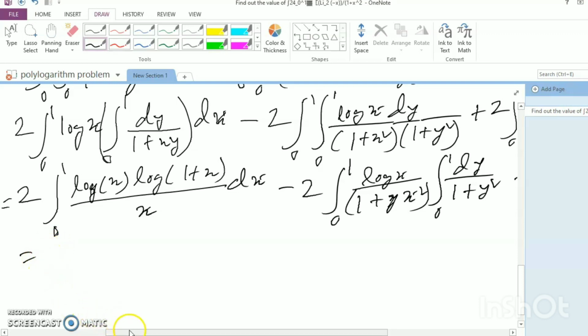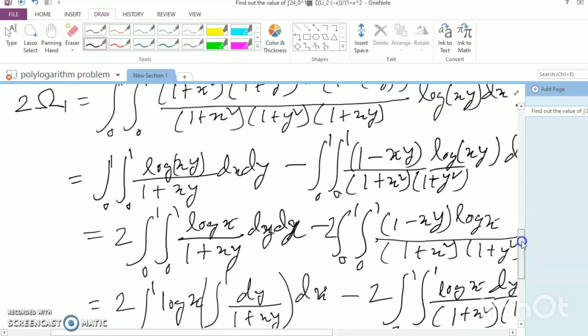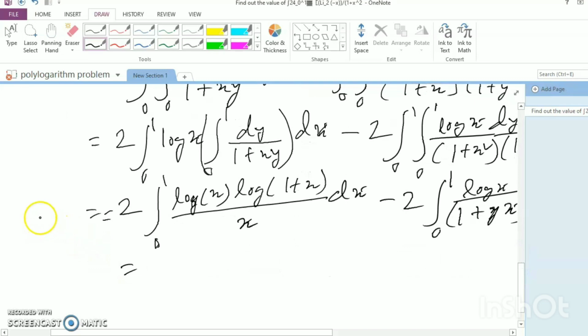And another factor is 2 omega 1. The 2 is cut on both sides, so I get the value minus 3 by 2 zeta 3.